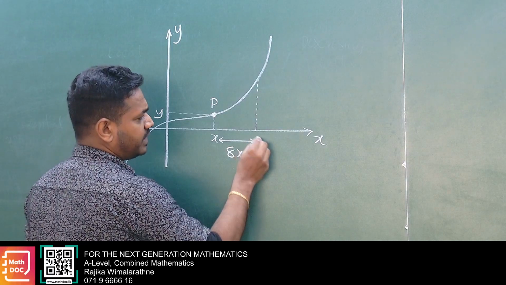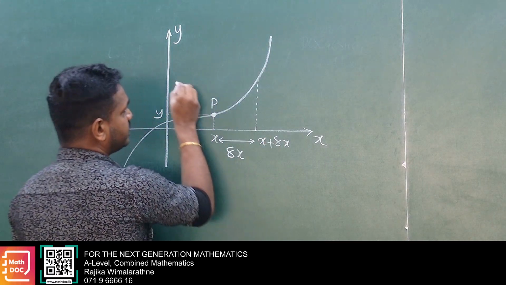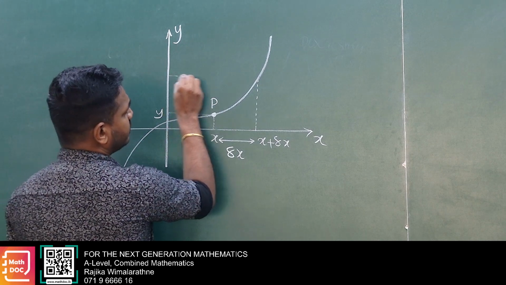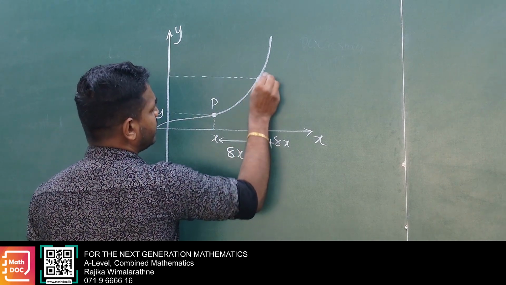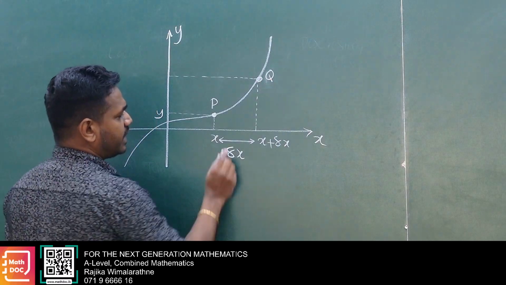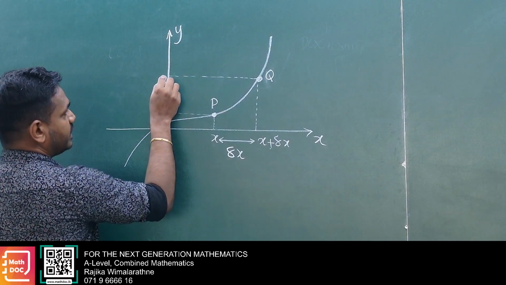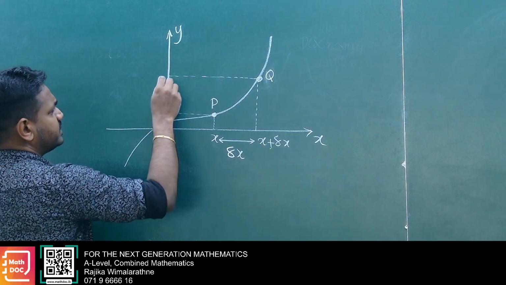Then this point will be x plus delta x. Then the corresponding point we say Q. Here x plus delta x, then y. Here this increment, say delta y.